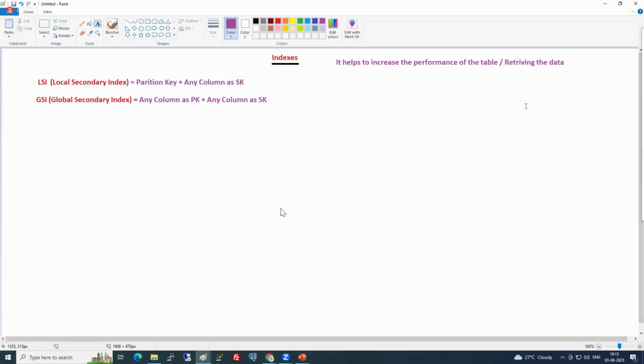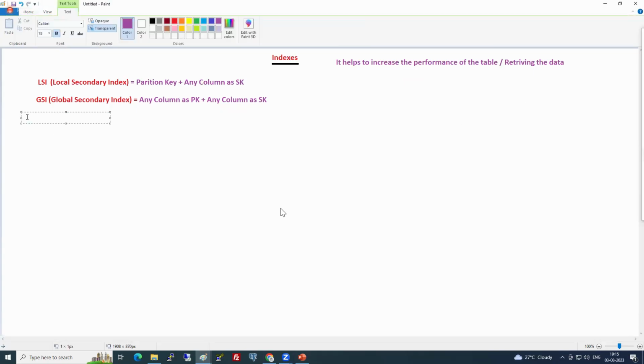Guys, there is one certification question here. LSI can be created only at the time of creating the table. Later, LSI cannot be modified, cannot be deleted, nothing can be done on LSI. But GSI can be created anytime, and it can be deleted anytime.